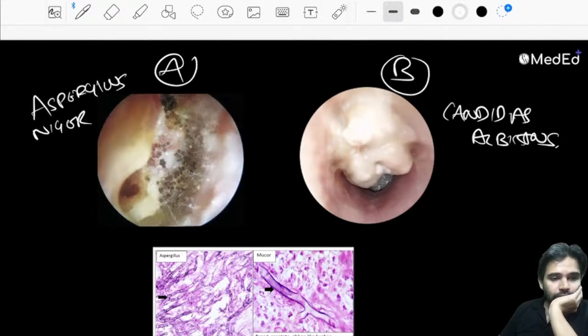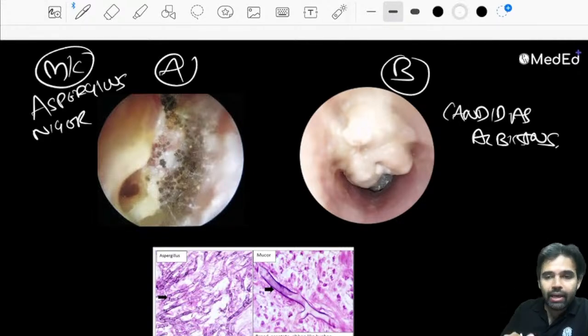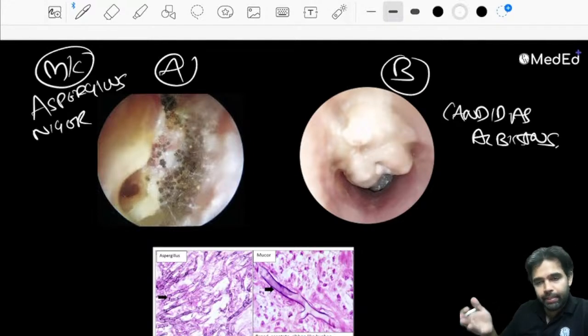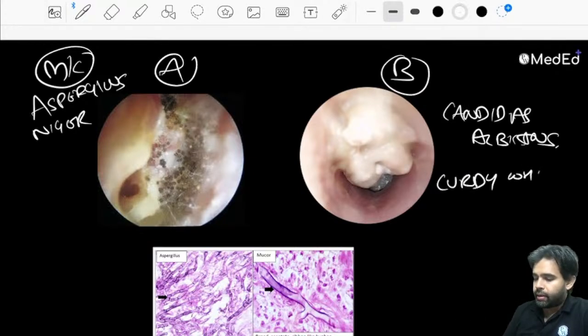Yeah, so all of you are getting these answers right. See, most common is Aspergillus. Okay, the most common fungal infection that we see in clinical practice is Aspergillus. The most common fungal infection asked in the exam is Candidiasis, because this has got a white appearance. So you know white, and somebody has written wet newspaper appearance.